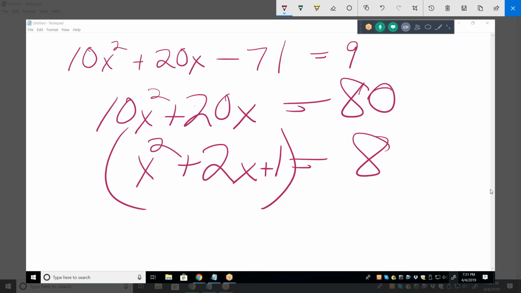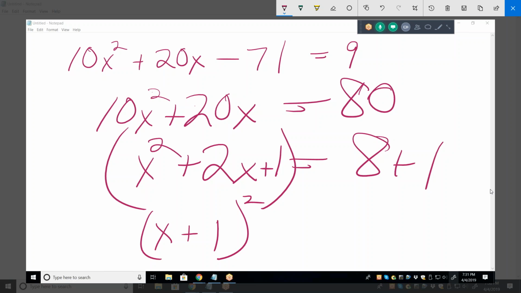Add 1. Now, the whole point of completing the square is that you can write it as a linear term. What is this term going to be? X plus what squared? X plus 1. Exactly.